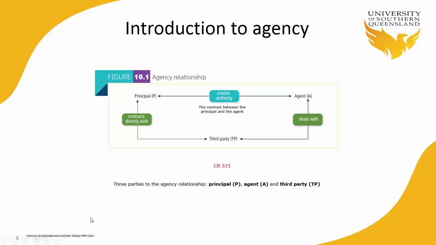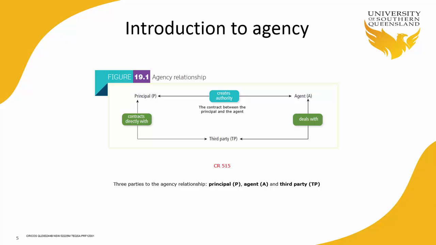So this is your diagram of an agency relationship that you can find as well on page 515. So there are three parties to this relationship. It's a tripartite. So we have a principal, an agent, and a third party that we refer to as a TP, third party. So the principal and the agent are going to create an authority. This is a contract between the principal and the agent.